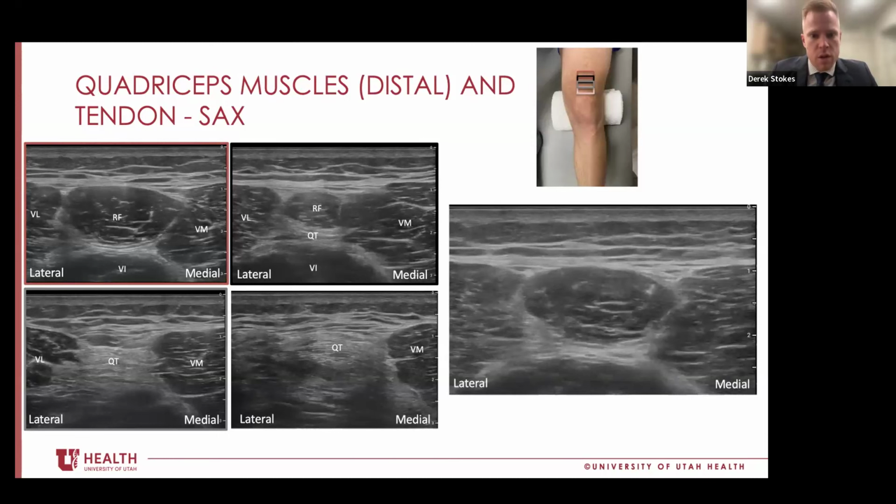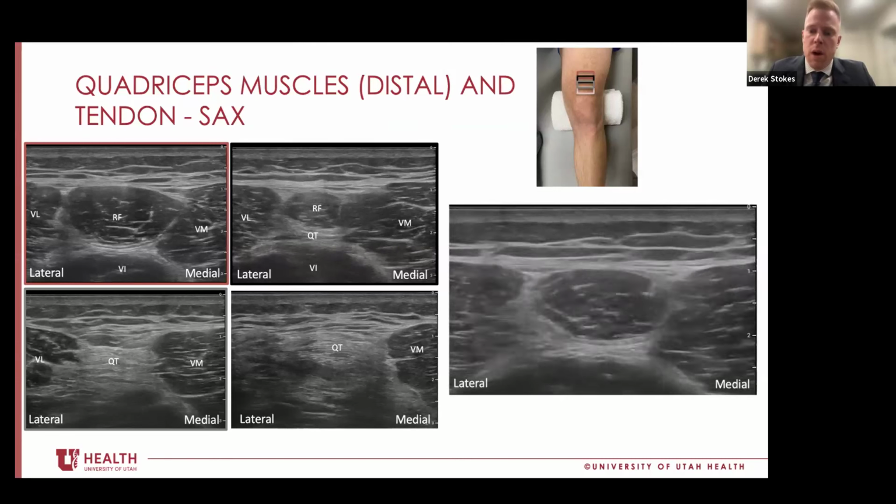On the top right, you can see the rectus femoris starting to become smaller as it forms into the quadriceps tendon first. And then you can see that transition further occur with the bottom left and then the bottom right, where we have mostly quadriceps tendon and then maybe some vastus lateralis present, but still a portion of the VMO present as well.